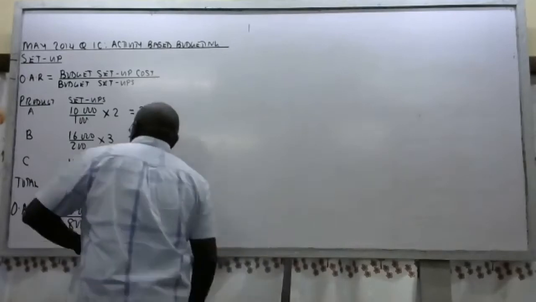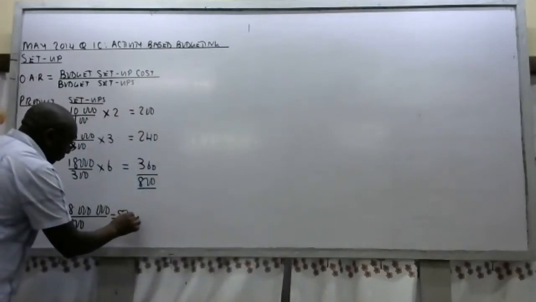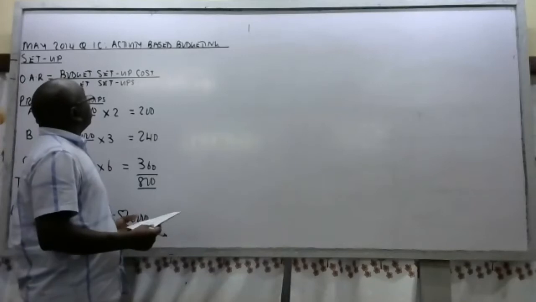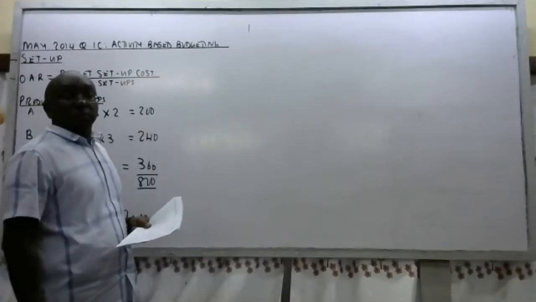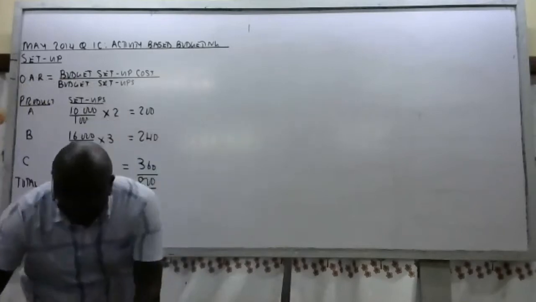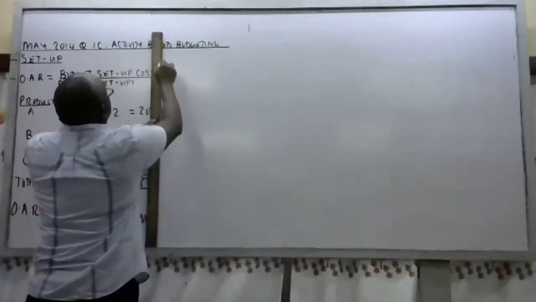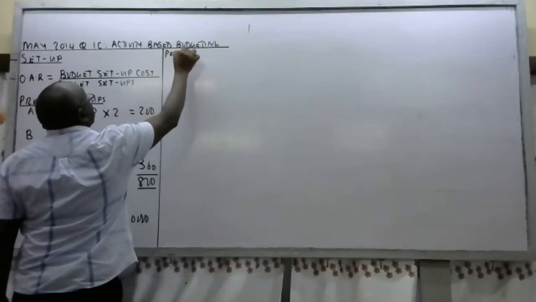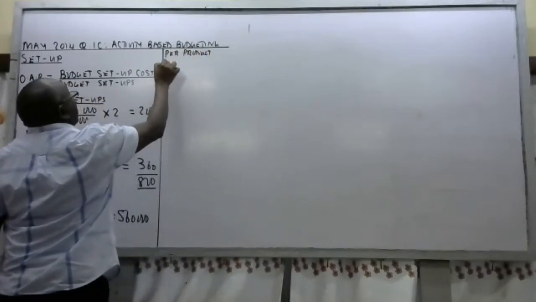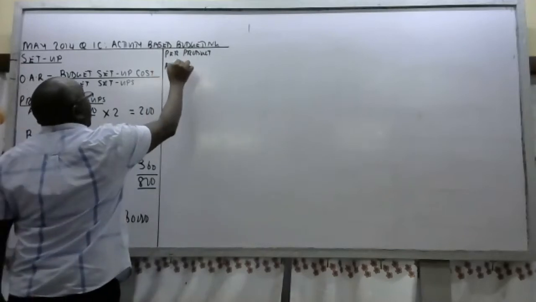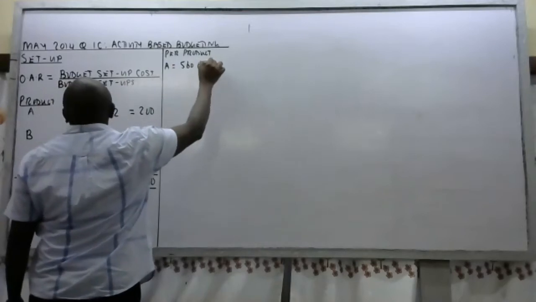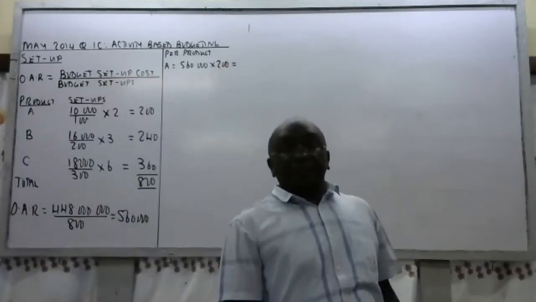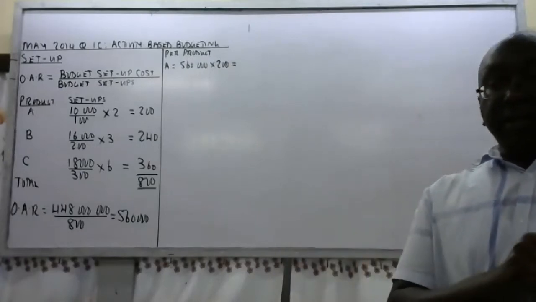$560,000 according to June. Then after that, we proceed and now say per product, A will receive 560,000 times 200 batches.